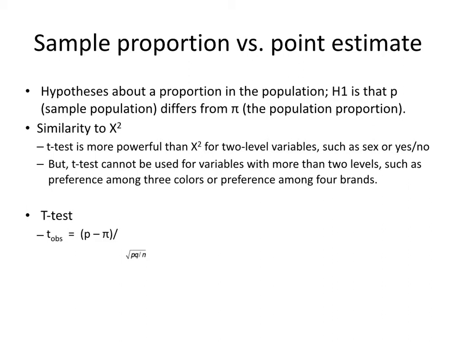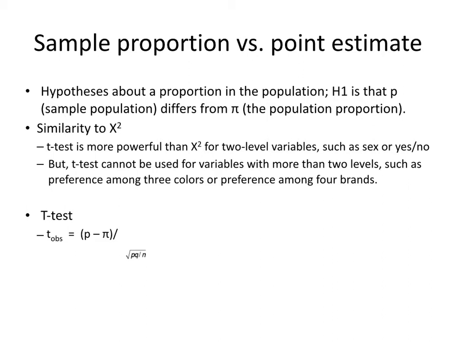But if we only have 2, then we can calculate a t-test statistic, and that statistic looks very much like the statistic for the means. Recall that was x bar minus mu in the numerator. Here we have p, the sample proportion, minus pi, the null hypothesis proportion.